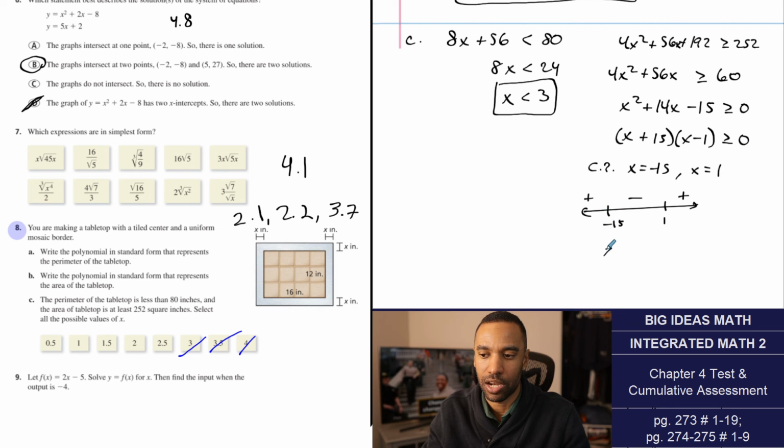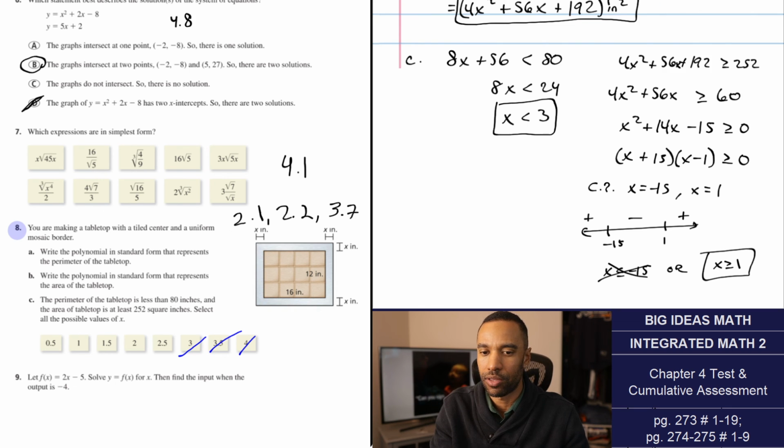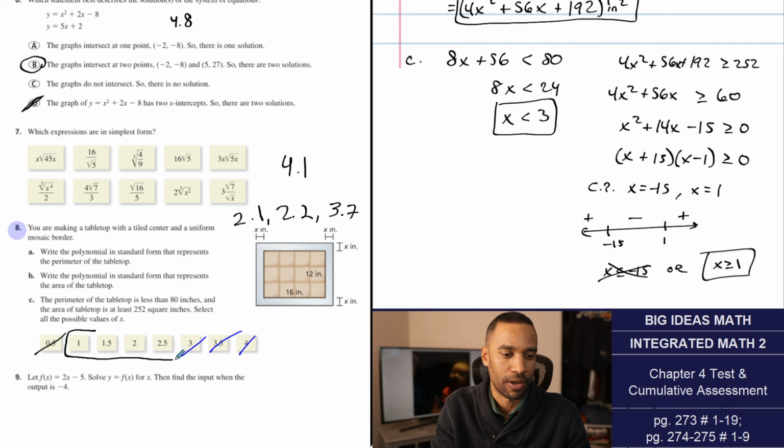You either need x's that are less than or equal to negative 15, which doesn't apply to us, or x is greater than or equal to 1. So this is going to be the result there. I need x values greater than or equal to 1, which means I can't have 0.5. Okay, these are the ones that are allowed. There you go.